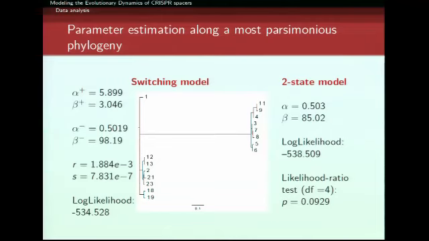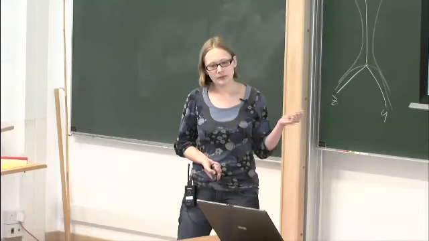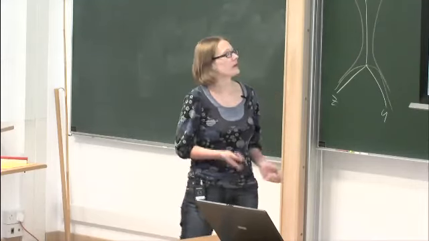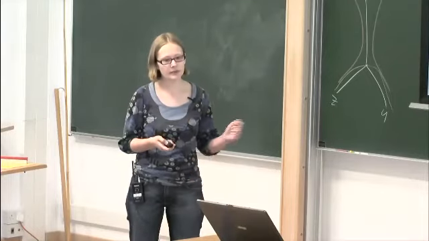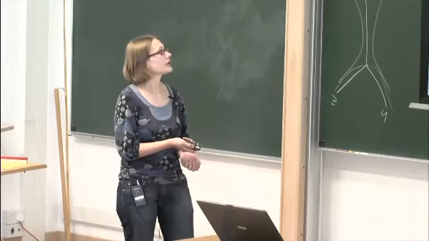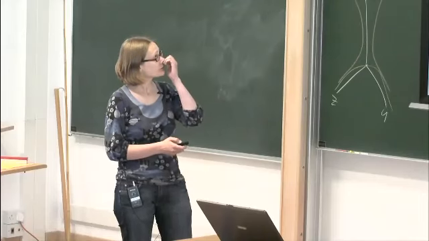But it makes more sense to do the parameter estimation together with a phylogeny estimation based on both models, the switching model and the two-state model, and then compare the likelihoods. So this is still ongoing.